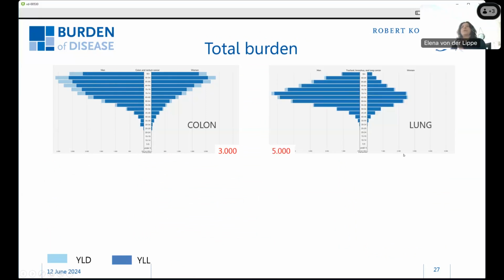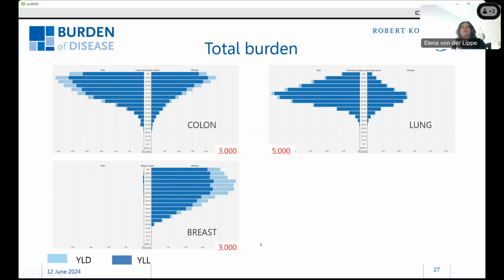Another picture is observed for the lung cancer. So we have here definitely many more men that are affected, and this could be because of risk factors like smoking. And we have a very high mortality compared to the colon cancer here. And it's also shifted a little bit to the younger ages.